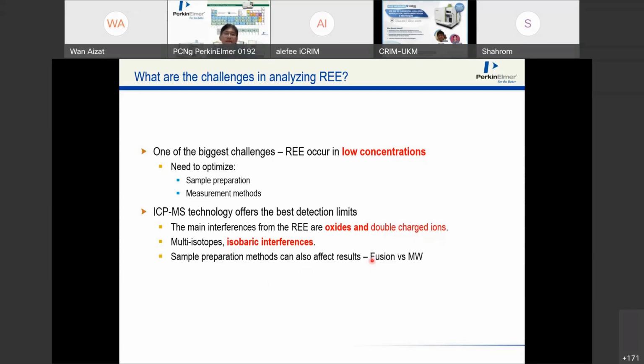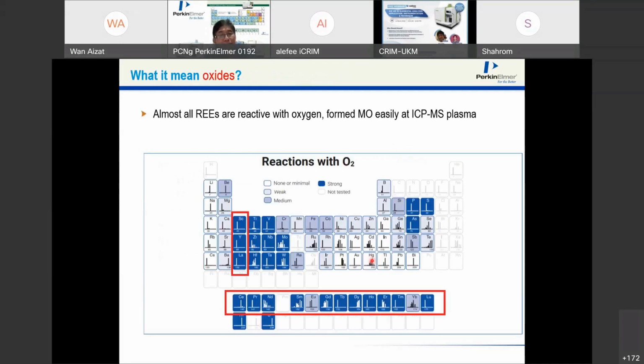Yes, if there is an accessory, we call laser ablation, to be able to analyze solid samples. The rare elements shown on this range scanning are the red elements. Red elements very easily form oxide in the ICP plasma because of their affinity to form oxide.